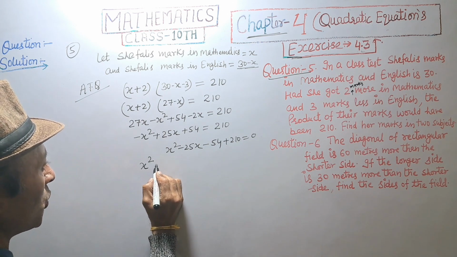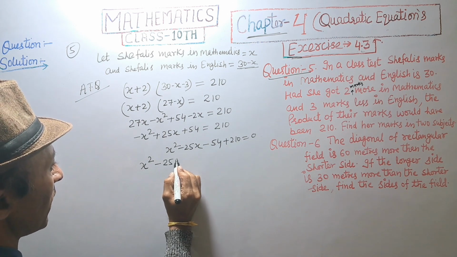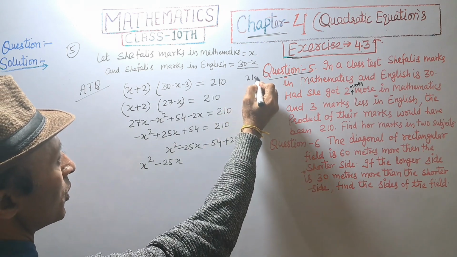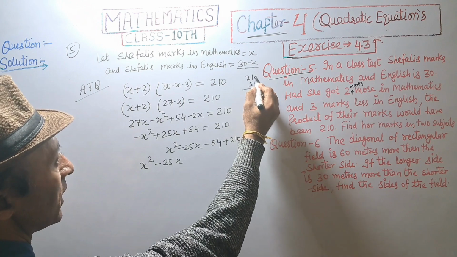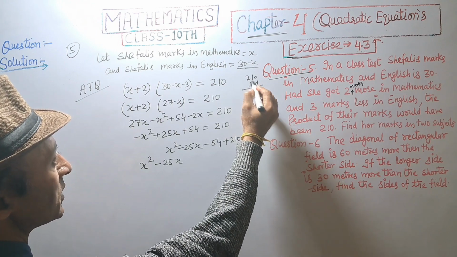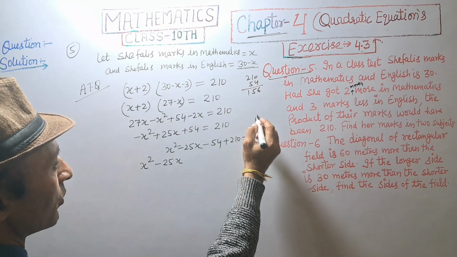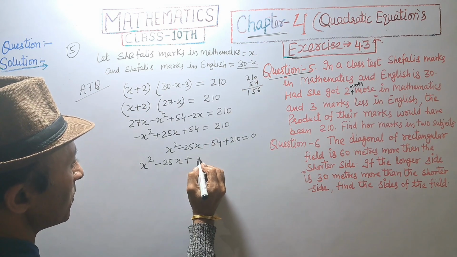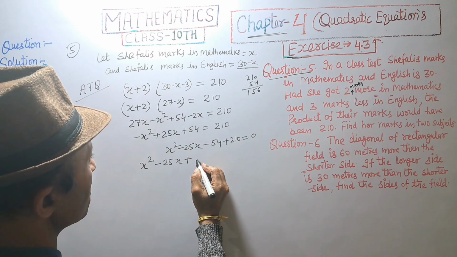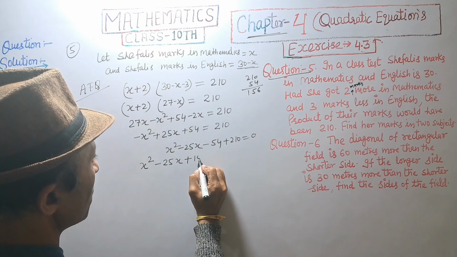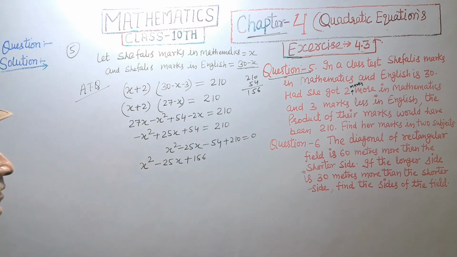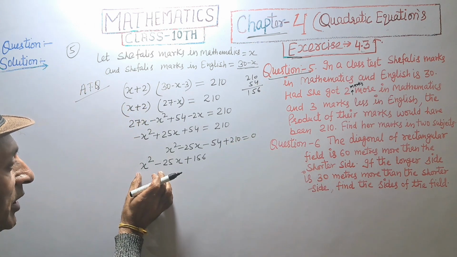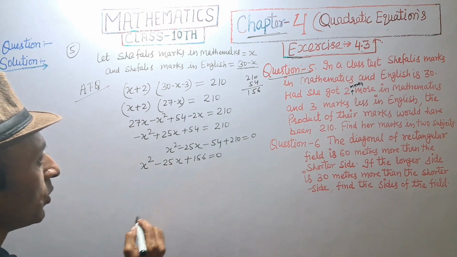x raised to power 2 minus 25x plus 210 minus 54, that is 156, positive. Prime factorization, we are splitting the middle term, that is equal to 0.